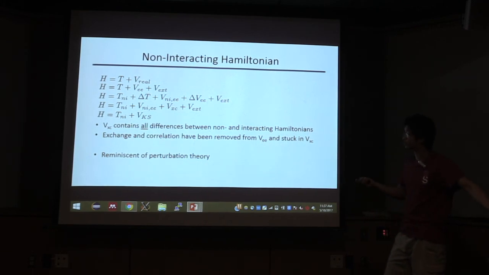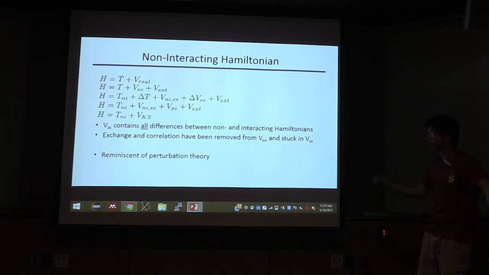We don't have an explicit form for them. So we have non-interacting plus the correction due to interaction, and non-interacting plus the correction due to interaction. And we bundle those two corrections up into this exchange correlation potential. And so the Kohn-Sham potential is just these three terms put together.